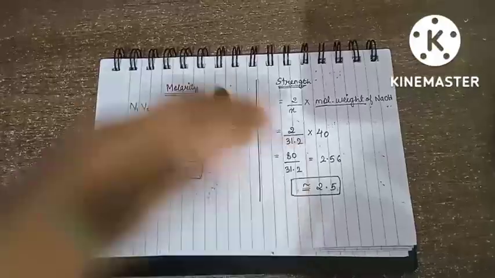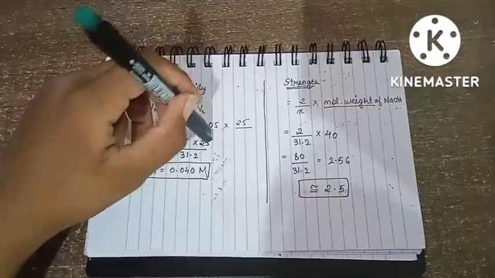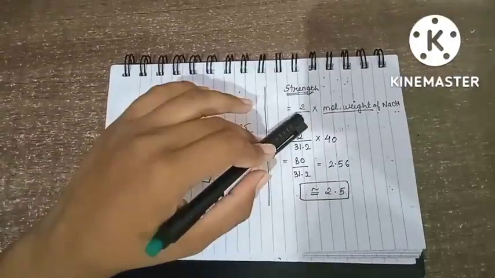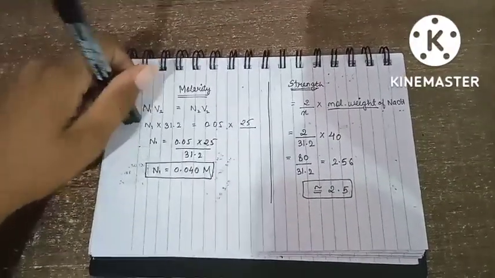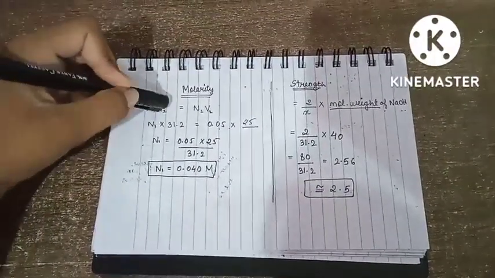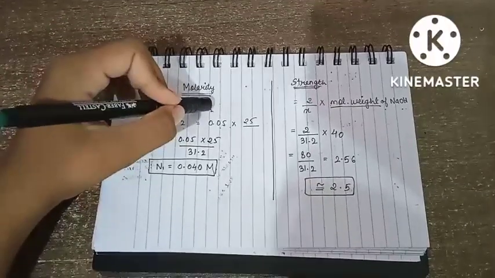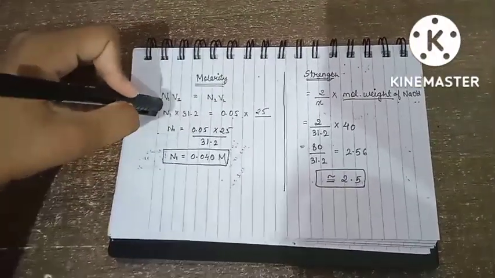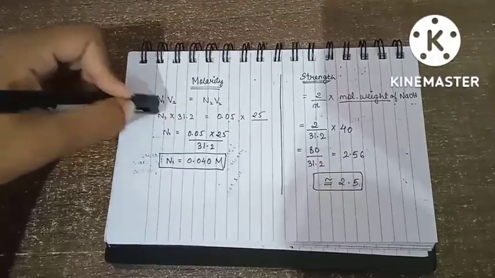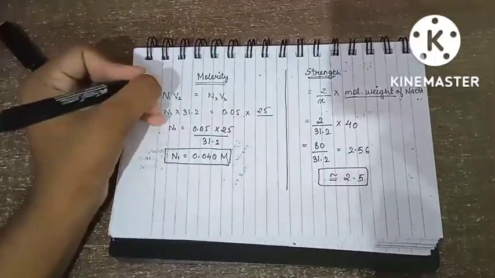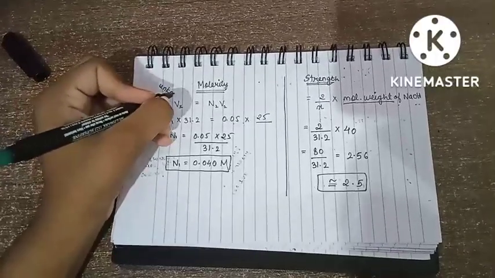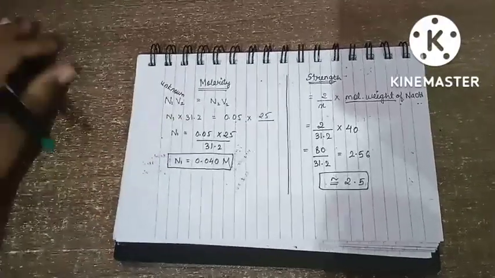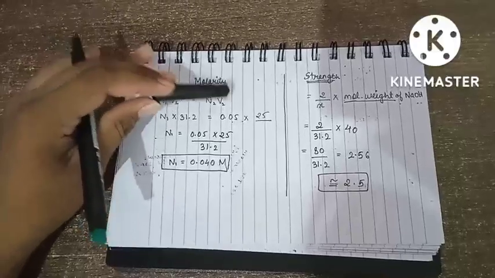So now let us come to molarity of the solution and strength of the solution. If we talk about the molarity, here N1 V1 = N2 V2 is the formula. So here N1 is unknown. We don't know what N1 is. And second, N2 and V2.